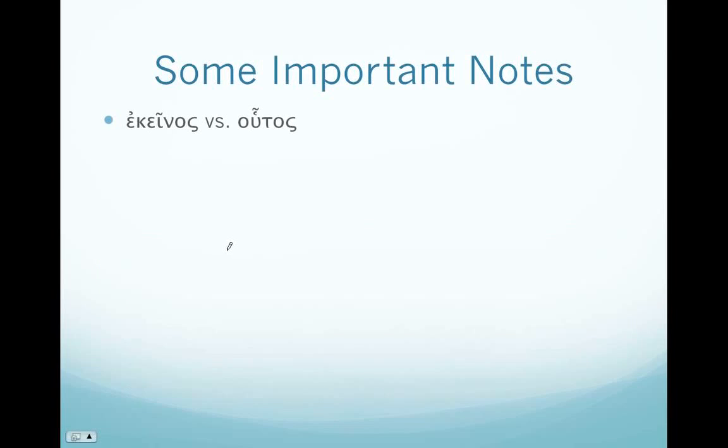Now, what's the difference between hode this and hutos this? Well, let's first take a look at the difference between ekeinos and hutos. Generally it means that and this, but if you have a list preceding it, then this will refer to the latter of the two.